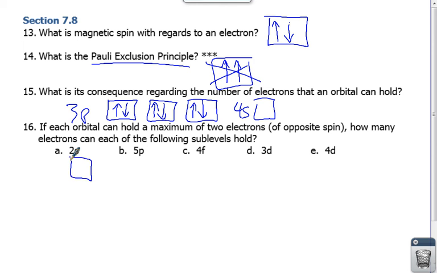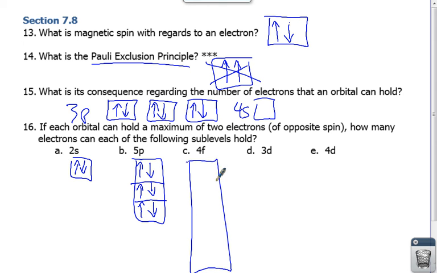S's always have 1 orbital, so 2. P's always have 3 orbitals, and I'm just drawing the orbitals vertically instead of left to right because I don't have space to make all of them. Oop, that's an F, so it needs 7 orbitals: 1, 2, 3, 4, 5, 6, 7.